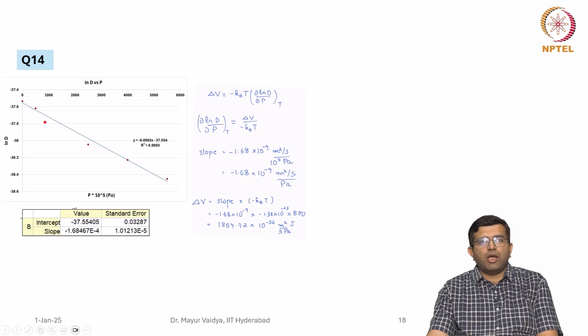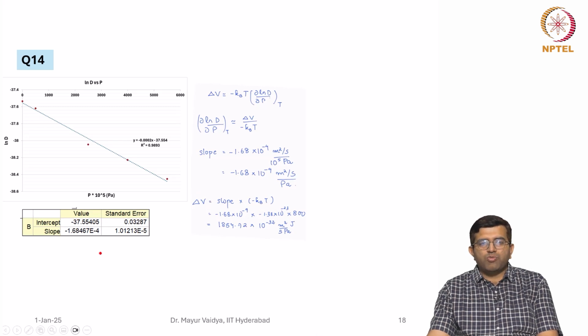So, you again use any simple software to plot this graph and fit a straight line, and you will see the slope that you calculate comes out to be this value. Once you determine the slope, you multiply it with minus kBT, so what you get is delta V.